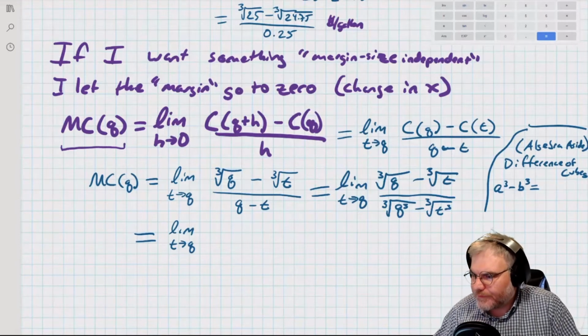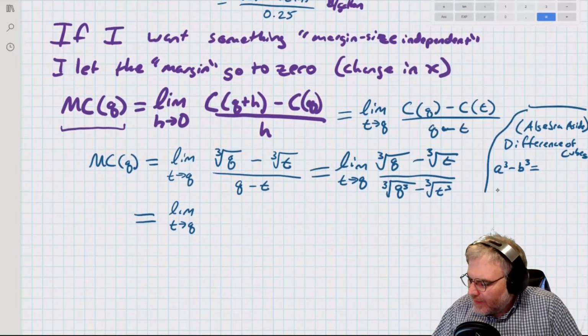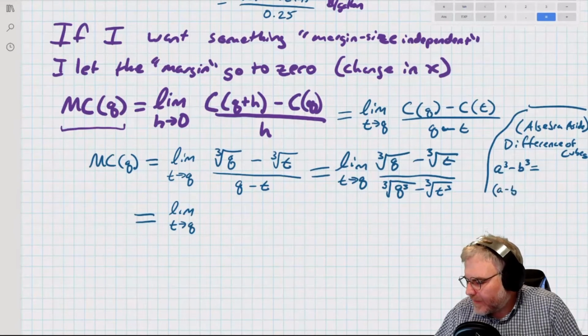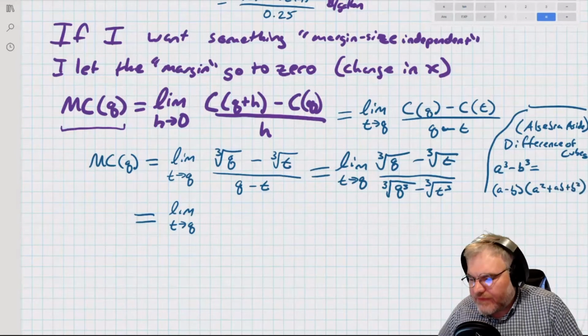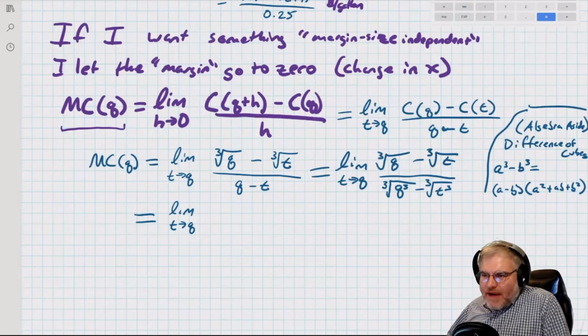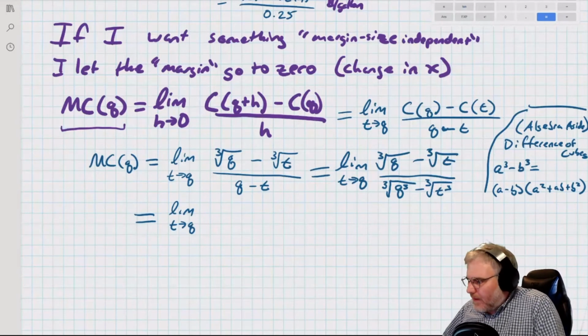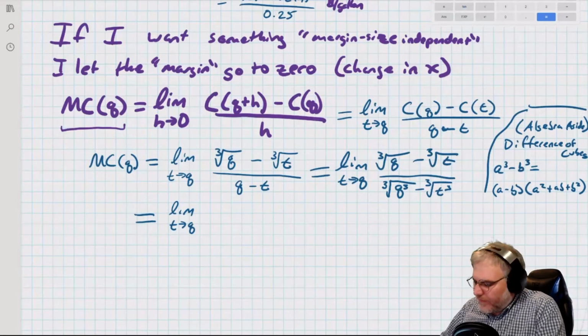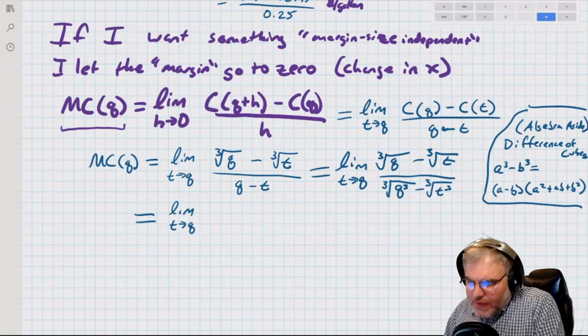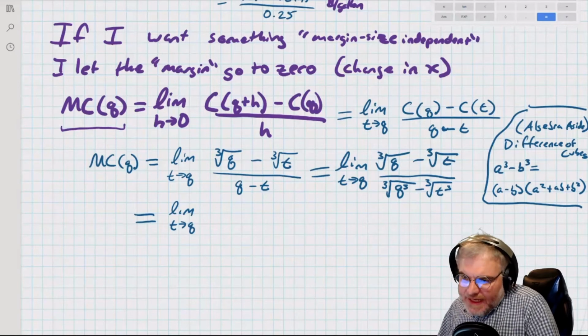Nope. Okay. I don't remember it either until I need it, right? It's a minus b times the quantity a squared plus ab plus b squared. And as I said, I have to rederive it every time I do it. I know a minus b goes into it, and then to remember what the other term is, I have to rederive it. Okay. So I don't expect you to know it for the test, but I'm saying we can use this trick.